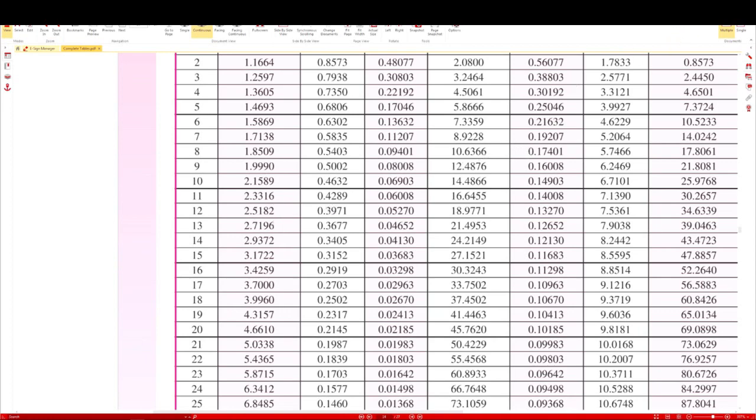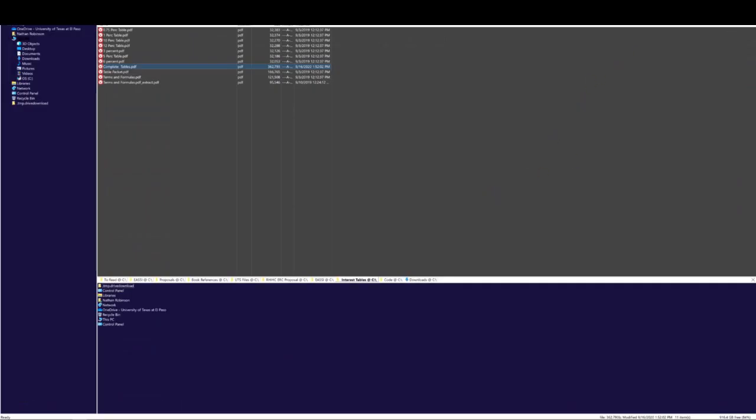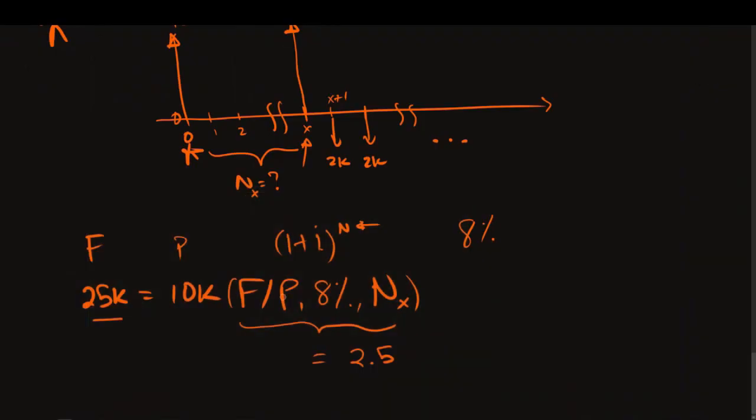So by the 12th year, I'm going to be able to do this. So from that, I find that nX equals 12 years. So I can take my 10K, and in 12 years, I'll have over 25K. And then from that, I can start these 2K donations to my favorite charity.